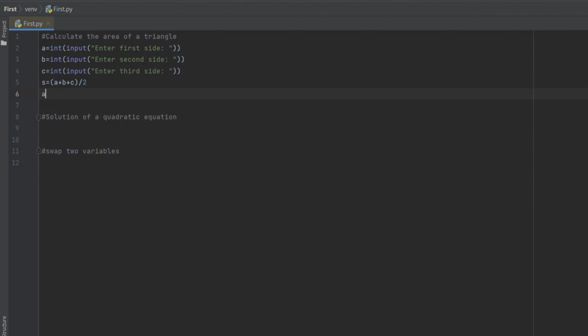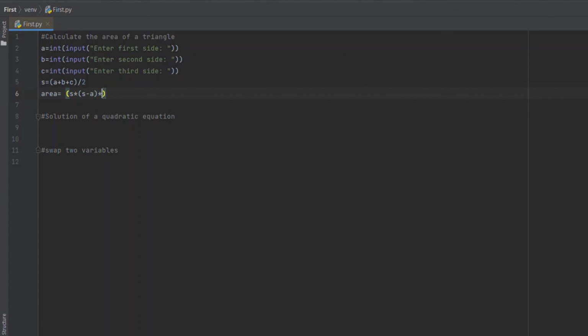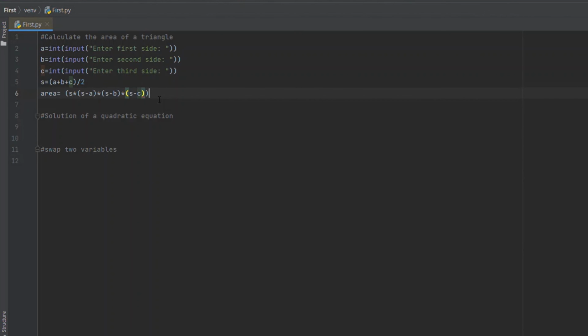Now area equals (s into (s minus a) into (s minus b) into (s minus c)) whole to the power 0.5.